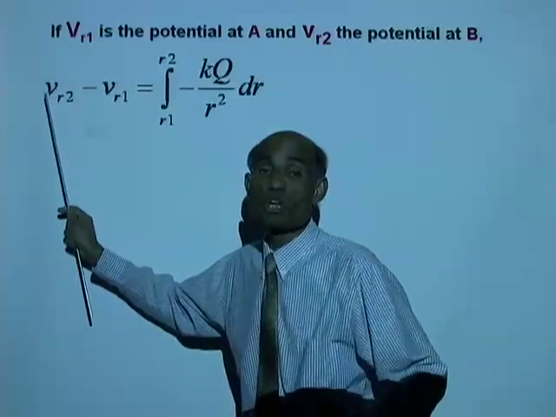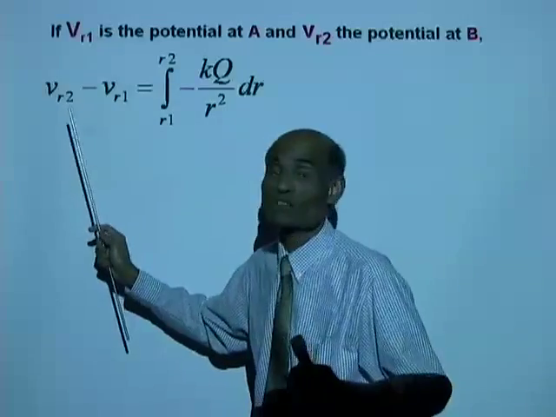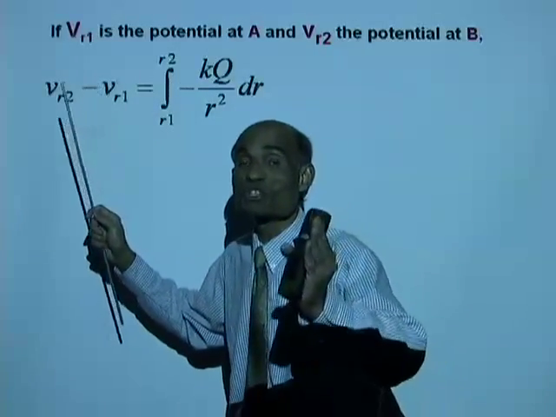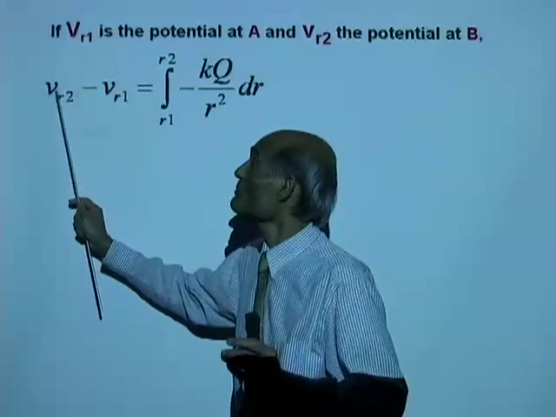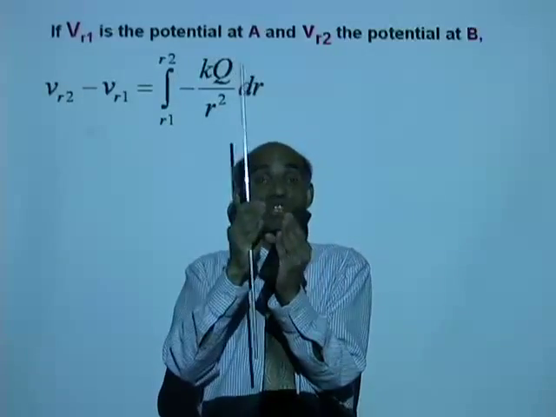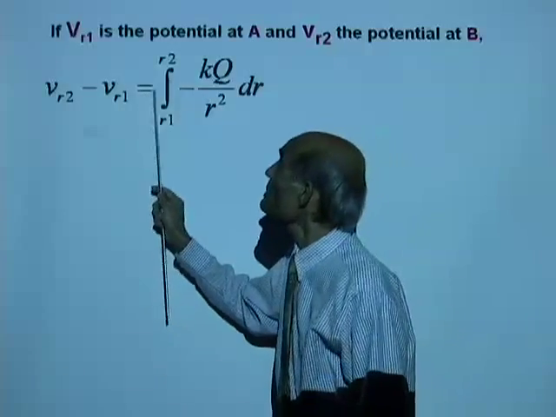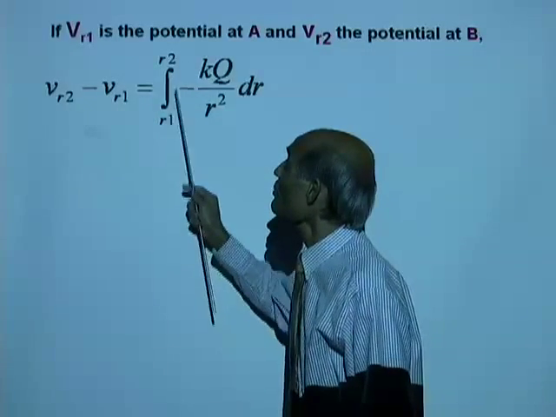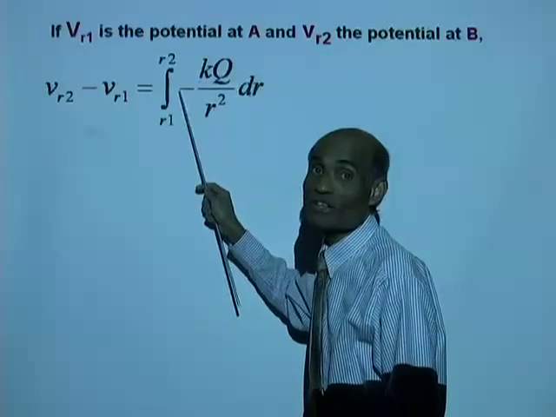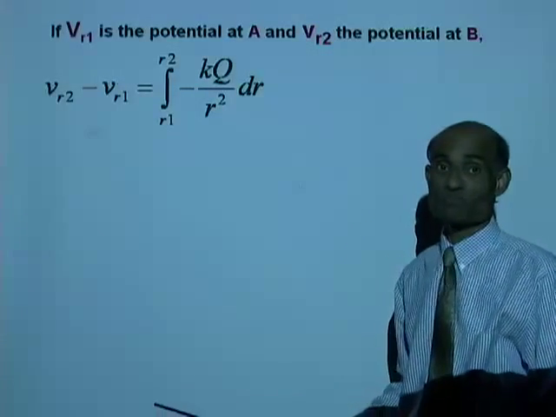V(R2) is the potential at a point distance R2 from the charge. V(R1) is the potential at a point distance R1 from the charge. V(R2) minus V(R1) is a measure of the potential difference between the 2 points A and B, equal to integral R1 to R2 of negative E dR, negative KQ over R squared dr.